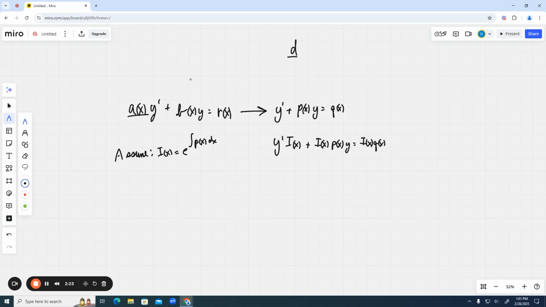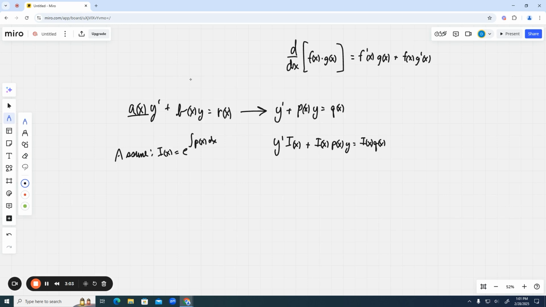If you recall the derivative of two functions being multiplied together, in this case they're dependent on x, is the product rule. And the way we wrote the product rule was f prime g of x plus f of x g prime of x.